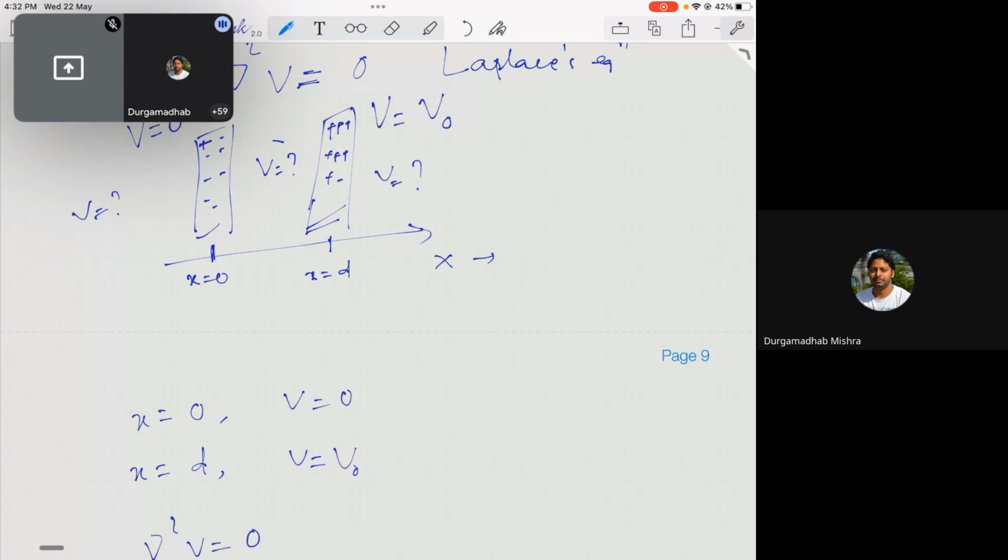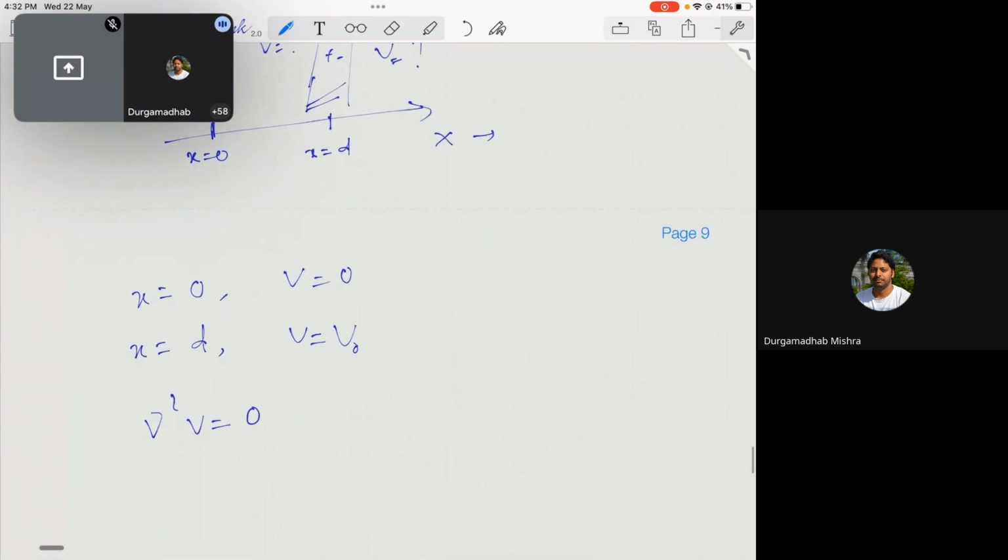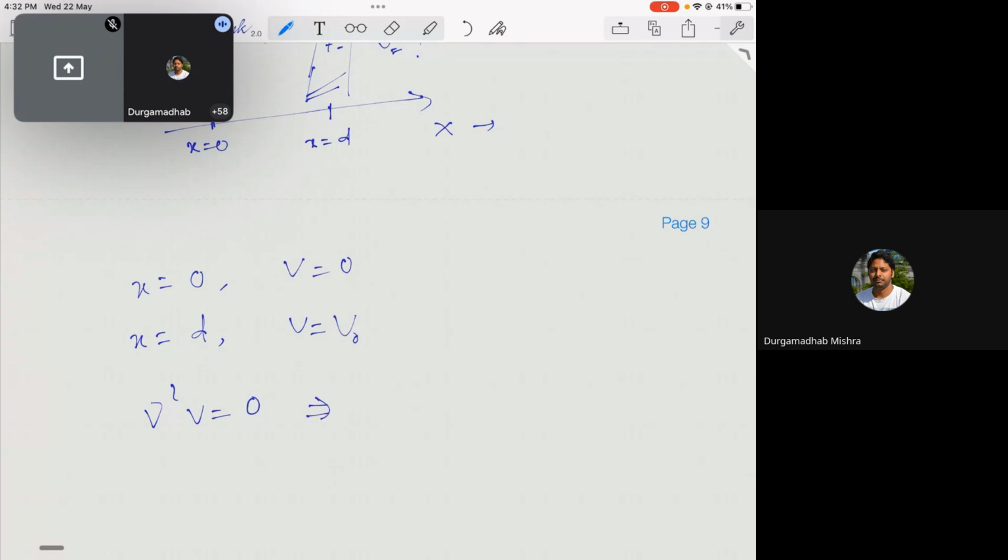So for practical purposes, we can write this equation as a one-dimensional differential equation: d square V by dx square equal to 0.